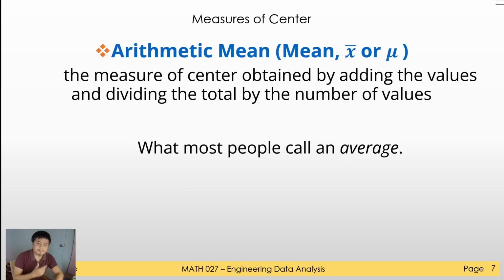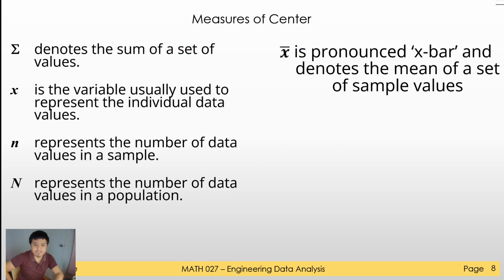For the mean, we have this measure for finding the average, or to be specific, the arithmetic average. We have the symbol X bar for sample mean, and we have mu for population mean. So how do we extract this mean from the data set?